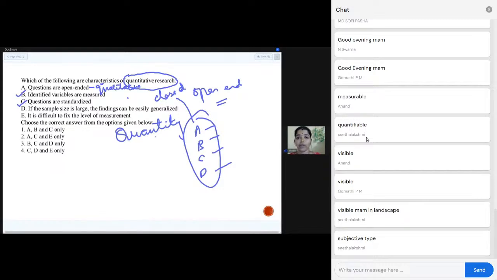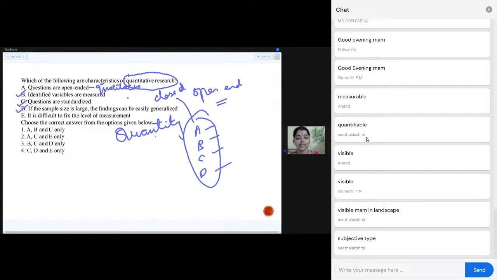Take surveys: they will not take 5 people or 10 people, they'll take lakhs of people. If I study a village, it consists of 300 or 400 people, which is small compared to lakhs. So the sample size is large in quantitative research.